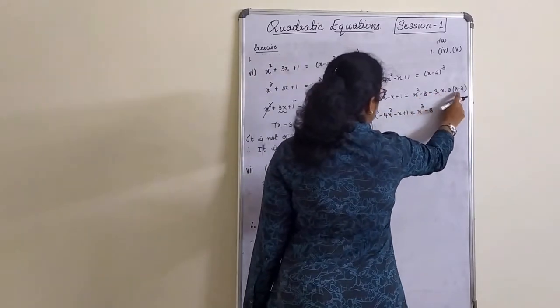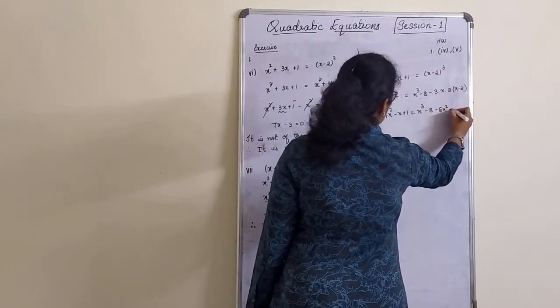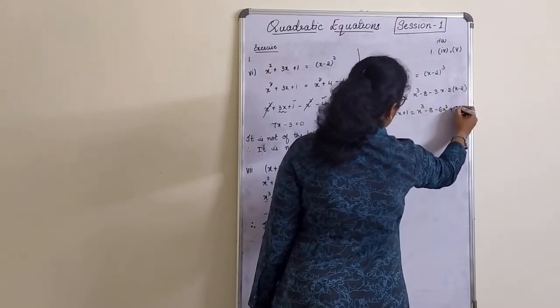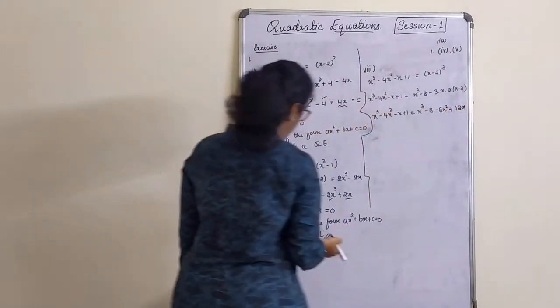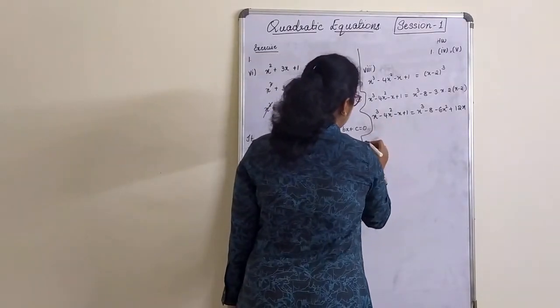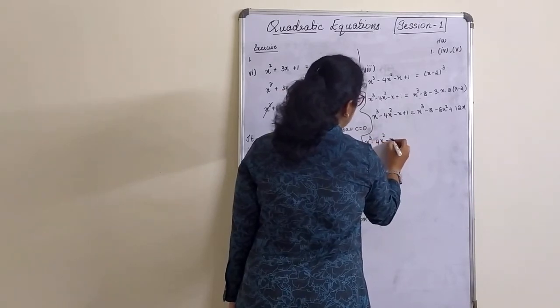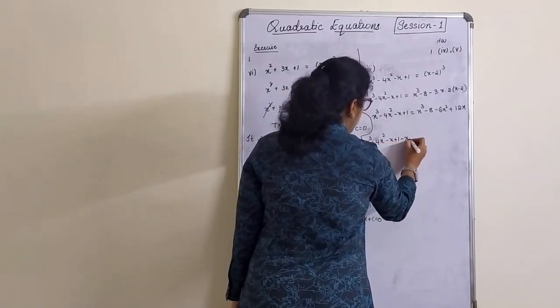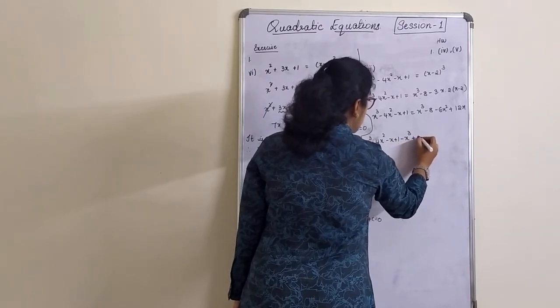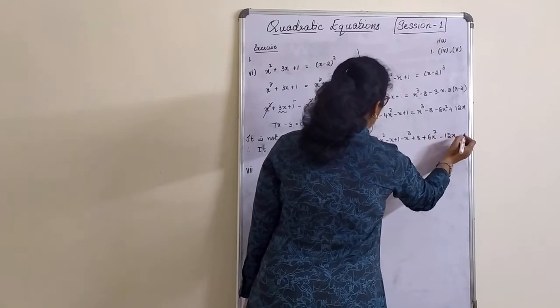3 2s are 6x, 6x into x, minus 6x square, plus 3 2s are 6x into 2, 12x. We'll do it here only. Anyways, I'll take it. X cube minus 4x square minus x plus 1 minus x cube plus 8 plus 6x square minus 12x.